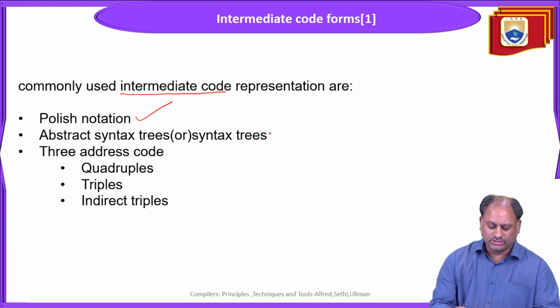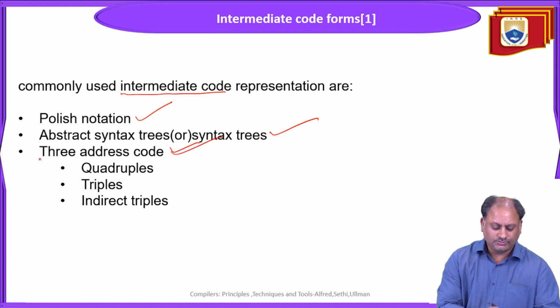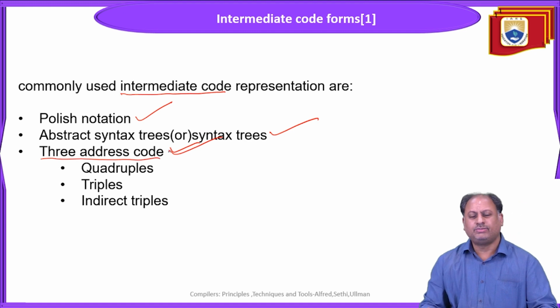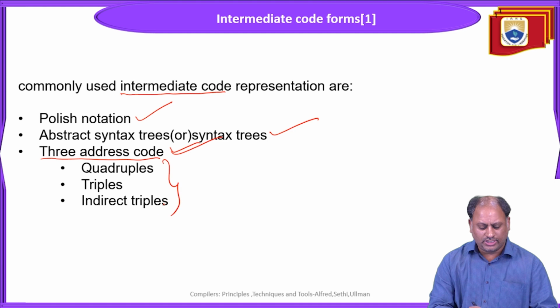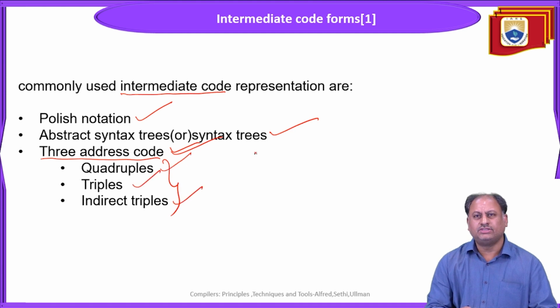The second one is syntax tree notation, which we discussed previously and will review. Another, and the most important one, is three address code representation. In three address code there are three types: first is quadruple, second is triple, and third is indirect triples.